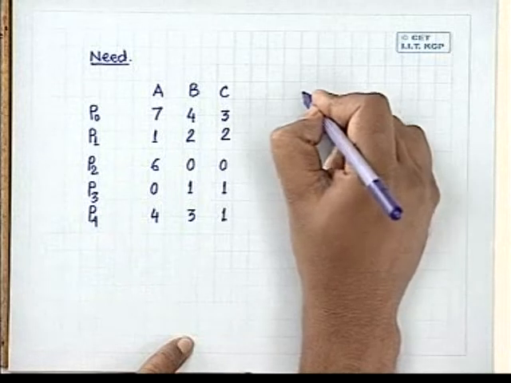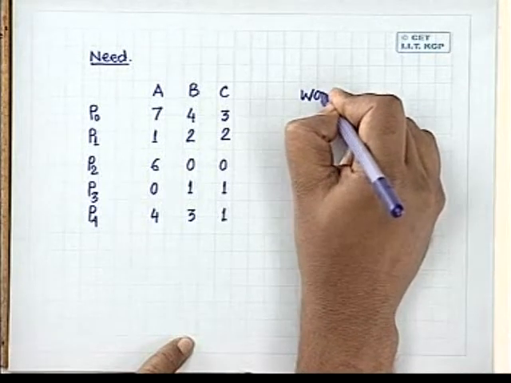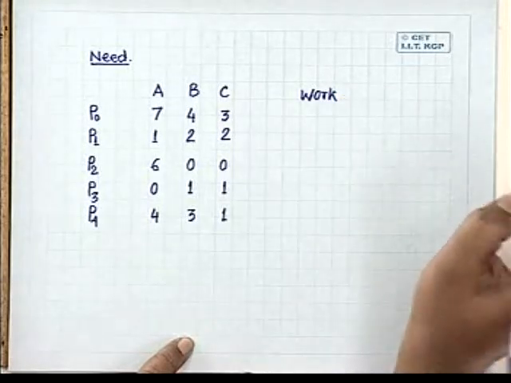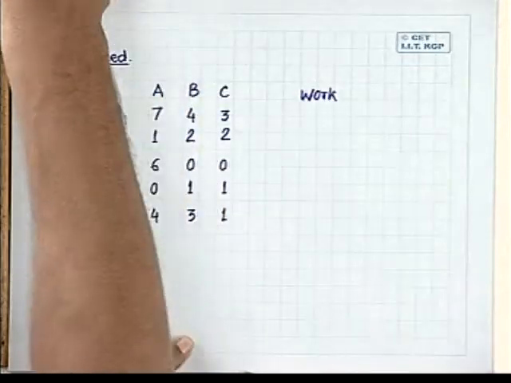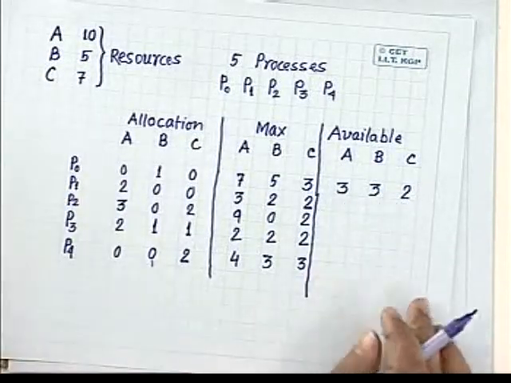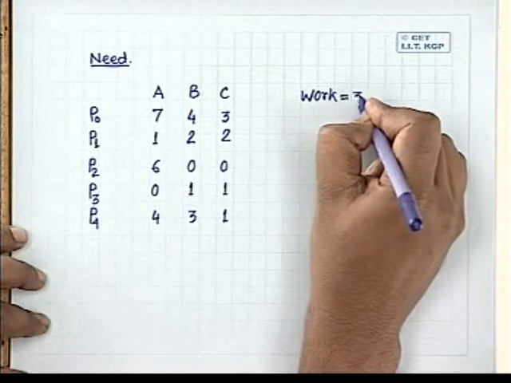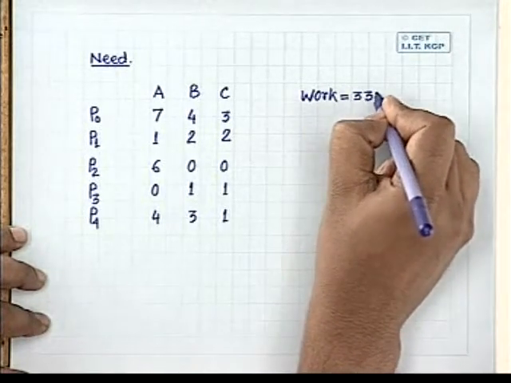In it we have taken data structures: work, which is initialized to available, and in this case our available vector is 332.